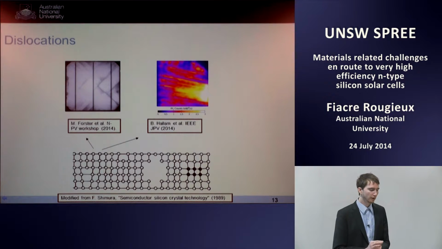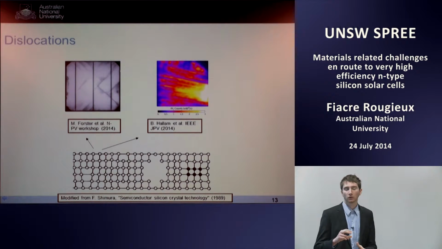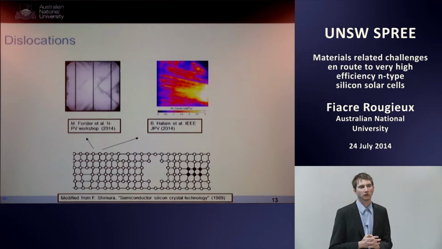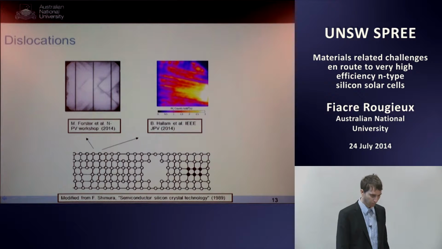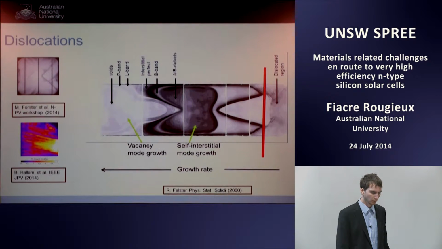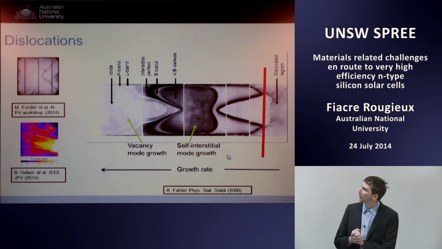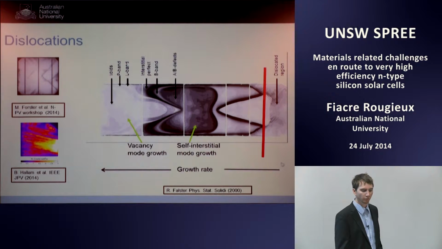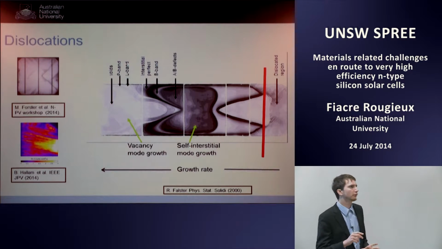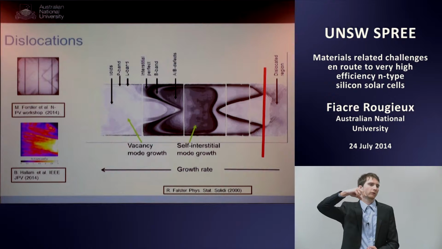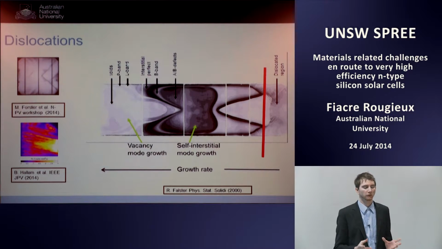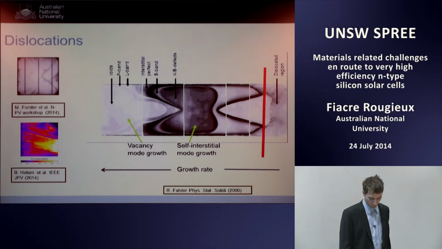But yeah, if our pull rate is very slow, we can have the creation of dislocations, and we really don't want to be there for various reasons. So if we have to think where we are situated, we'd be at very low growth rate, and we'll be in a region where we don't want to be. And this can also happen if we suddenly stop the growth of our ingot, and that will generate a lot of dislocations, which can propagate upwards in the crystal.